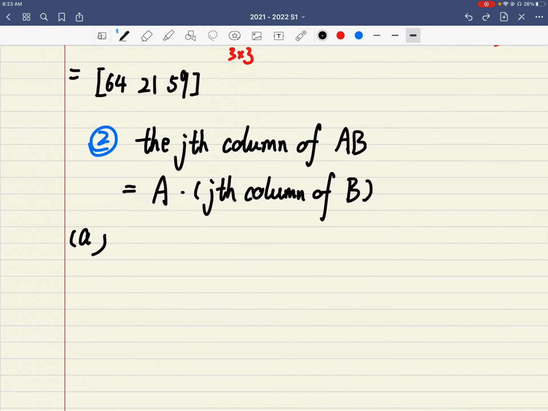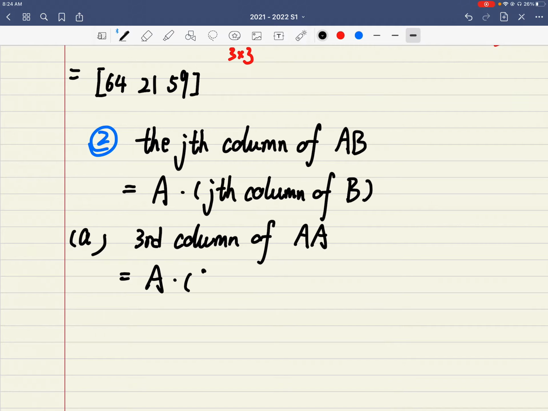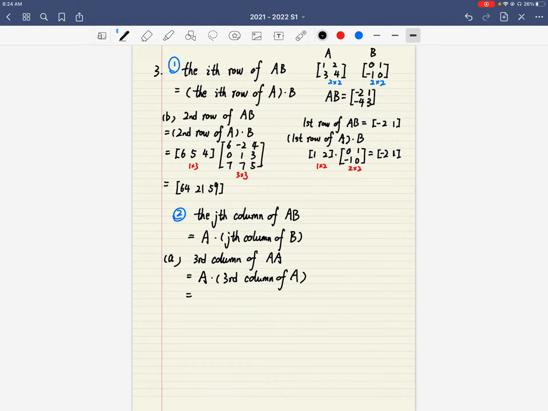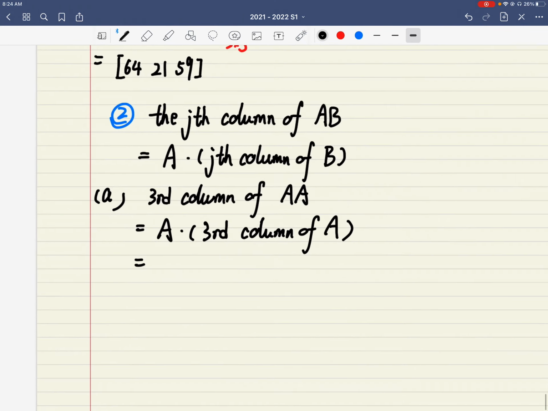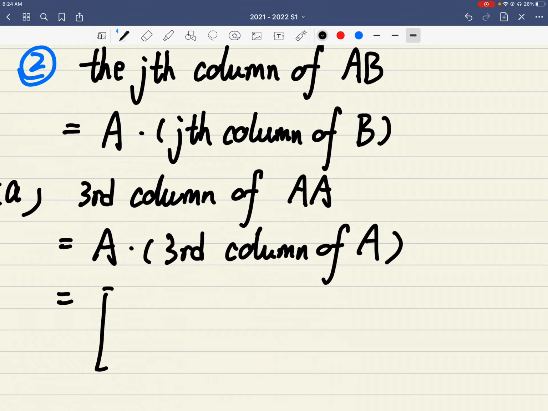So let's say part A, the third column of A times A. So like we said here, it's going to be A times the third column of A. So let's write down what is A. A is this.